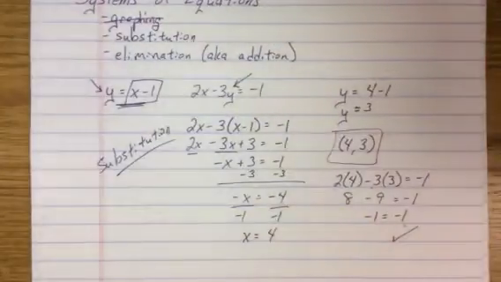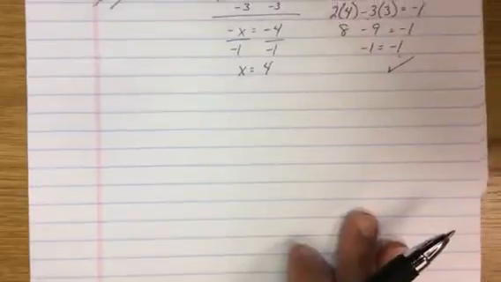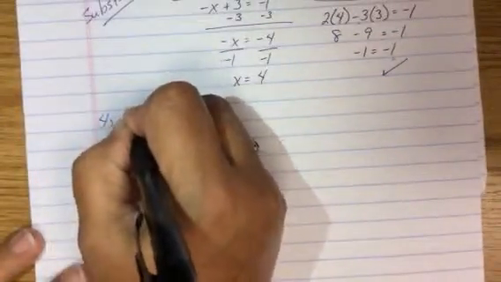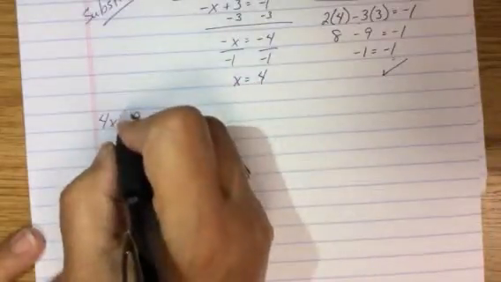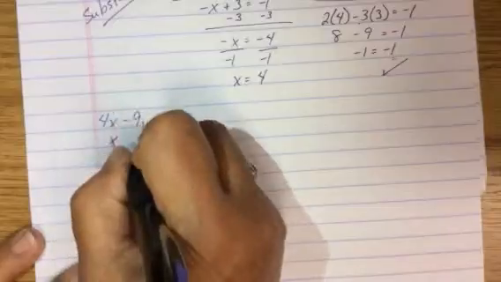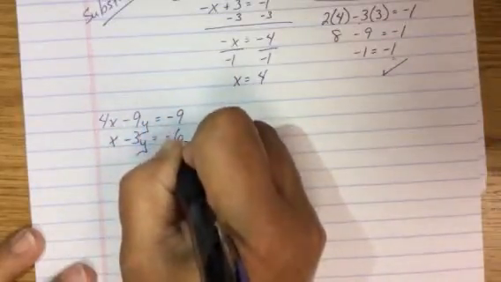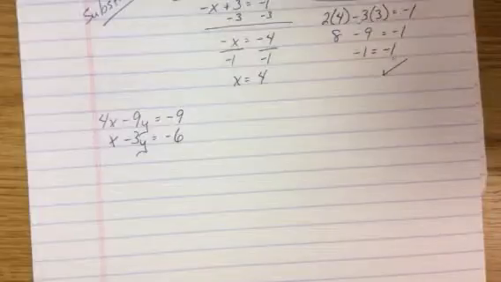The other method is called the elimination method. The reason it's called that is because we are going to eliminate one variable. So in this case, there's my system, my two equations. I'm going to use the elimination method.